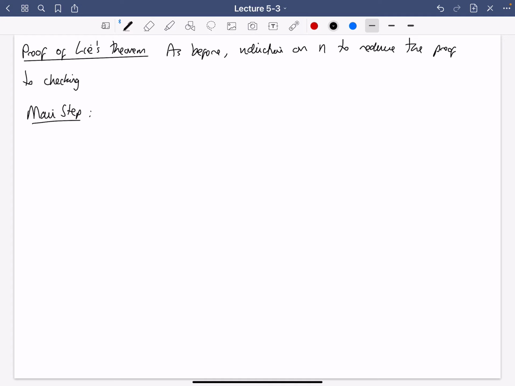So we have to just show that there exists a non-zero vector in V such that when you hit v by G, it lies in the span of v. And once you've got that, then you get this weakly upper triangular property just by induction on n, just like in the proof of Engel's theorem.